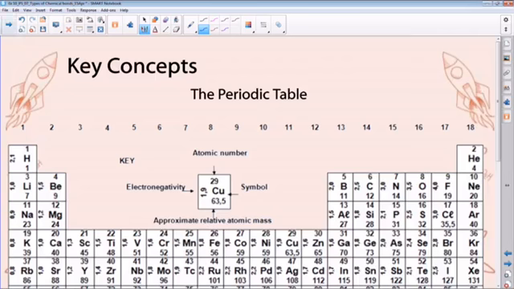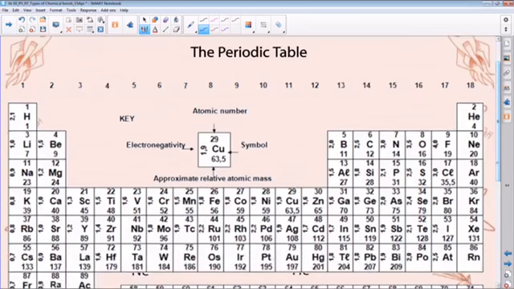Let's look at the periodic table again, just for reference. There is sodium. It has 11 electrons with 1 electron at the highest energy level. There is our chlorine. It is in group 17 with 7 valence electrons. So when sodium loses an electron to become Na+, it will have an electron structure similar to that of neon.